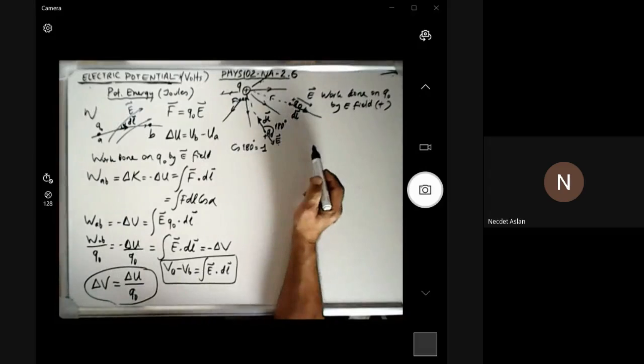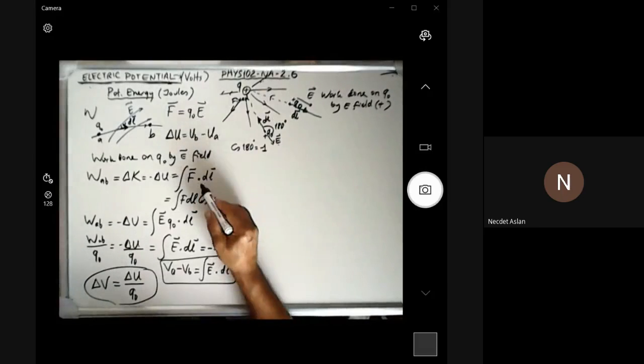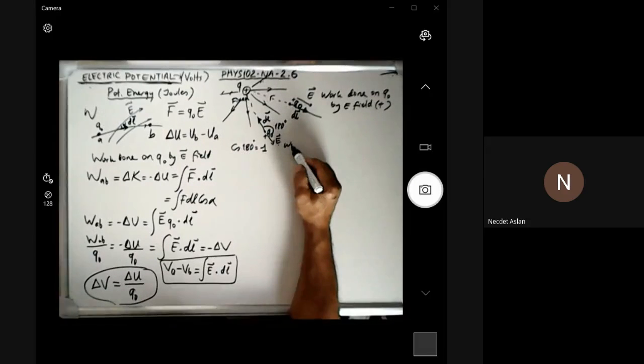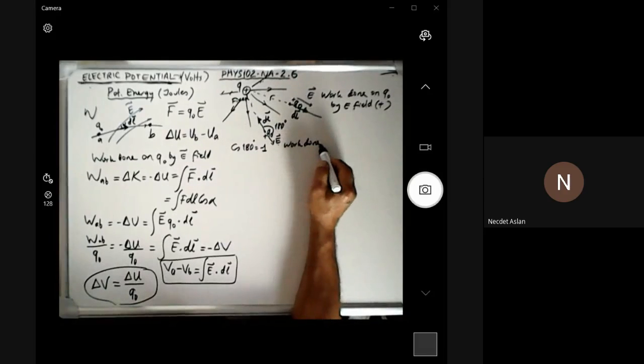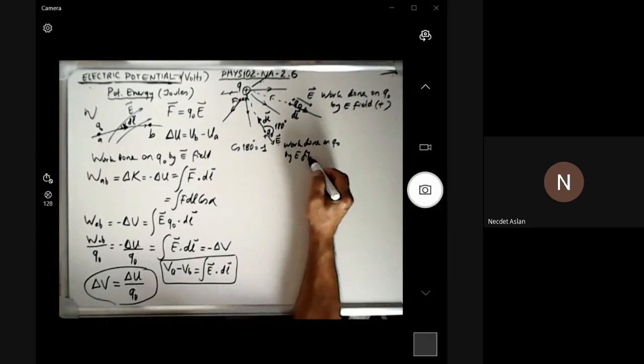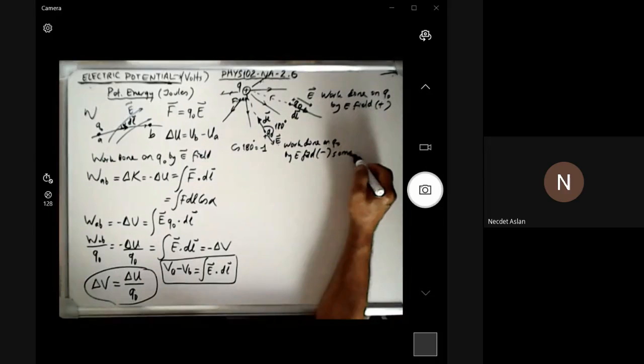It means that the work done is negative. There will be a minus sign due to this dot product. So in this case, the work done on Q0 by the E field is negative, because somebody else does the work.